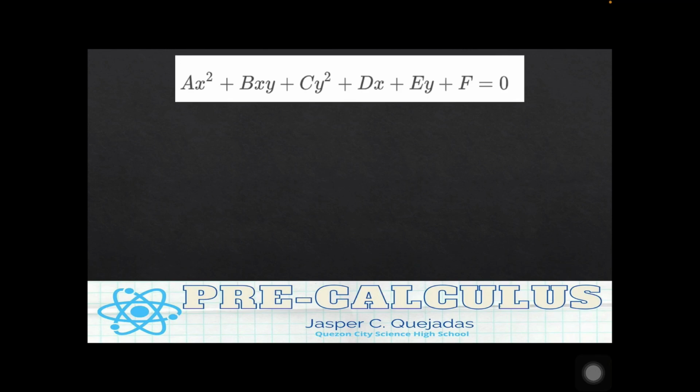So using the general equation, how can we know if the given conic section is a circle, a parabola, an ellipse, or a hyperbola?